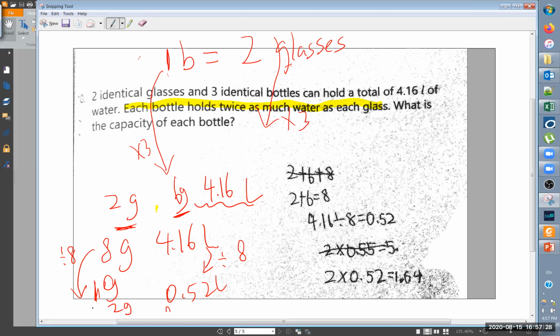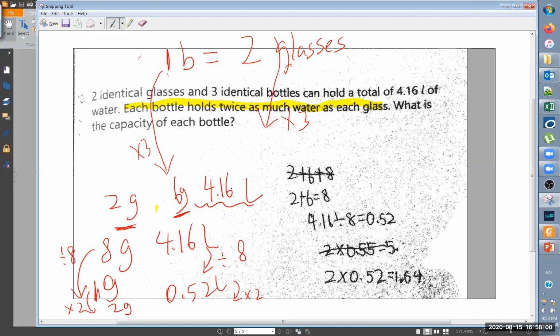So look at this first. Proportionality. From 1 to 2, you increase by what? 2. Very good. So therefore, your volume also must increase by 2. So what's the answer? 1.04.